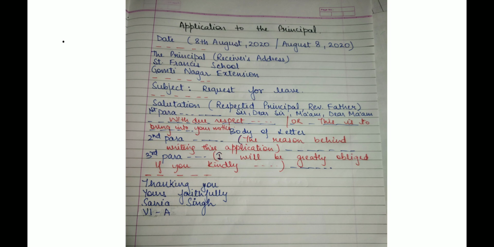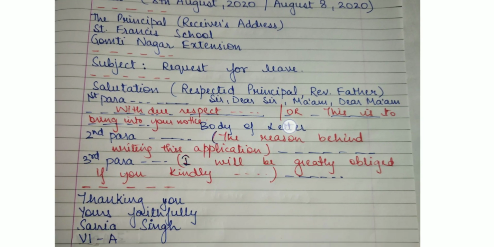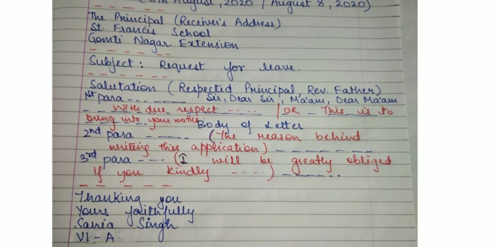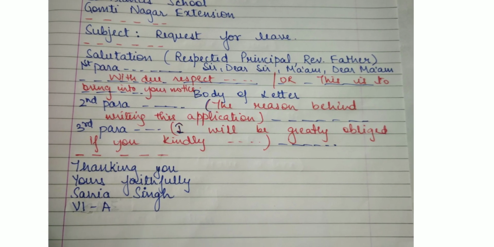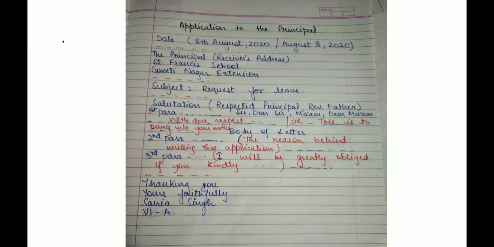And it is compulsory to write 3 paragraphs. If you write less than 3, your marks will be deducted. It is mandatory, I'm telling you, to write 3 paragraphs. Then thanking you, yours faithfully or sincerely, your name and class and section. So this is how you will write the formal letter when you're writing an application to the principal.